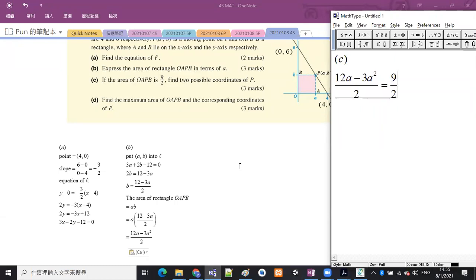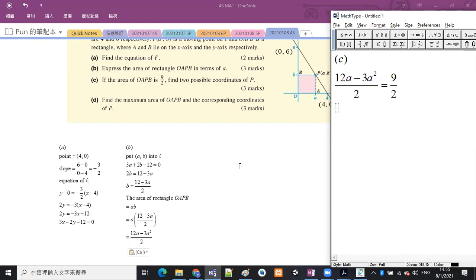Can you get the idea? Put our area equal to the number that I want it to be, and then I can solve for A. Okay, so what value of A should it be such that the area is equal to 9 over 2?